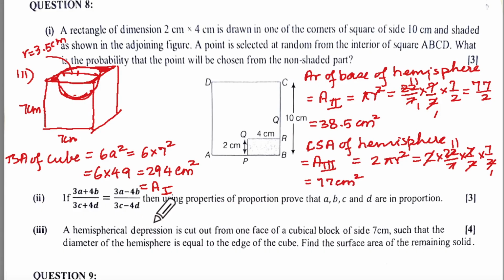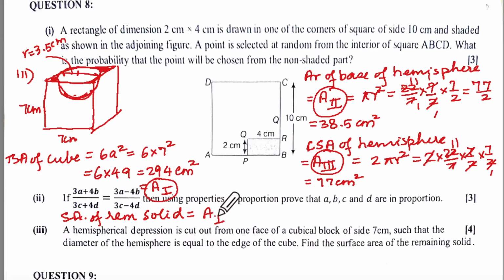Okay, now they are saying surface area of remaining solid. So SA, that is surface area of remaining solid. The idea is not to waste time in writing too many statements. So for that I have made use of A1, A2 and A3. Tell me, what will we have to do? Area 1 minus, I'll have to take out area 2, correct?